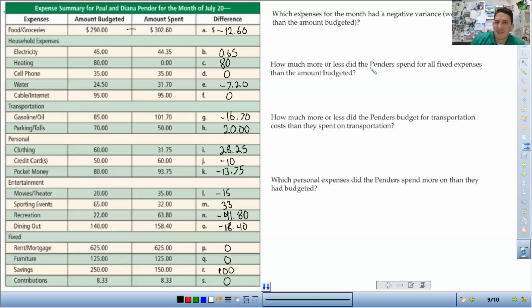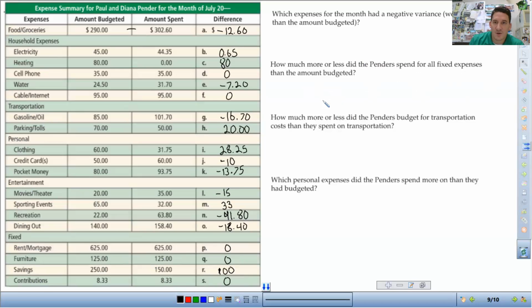How much more or less did the Benders spend for all fixed expenses than the amount budgeted? So you want to look at the fixed expenses. You can see the headings: household expenses, transportation, personal, entertainment, and then fixed is going to be down all these categories here. So this one's really easy. You add up all these: 0 plus 0 plus 100 plus 0.